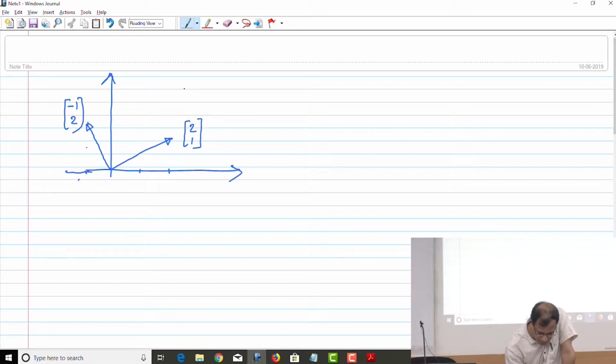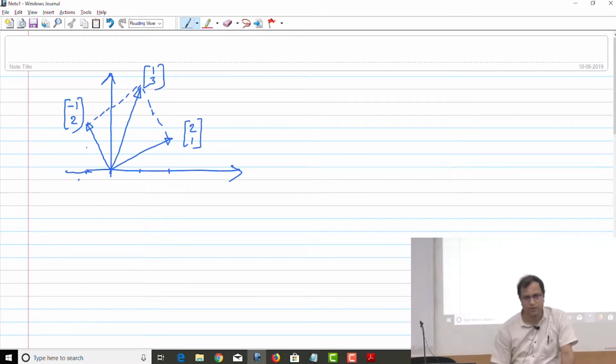If we do the addition, it will be (1, 3), somewhere here. You know that this will satisfy the parallelogram law. So if you complete the parallelogram, this will be your (1, 3). This is in the vector space R2.